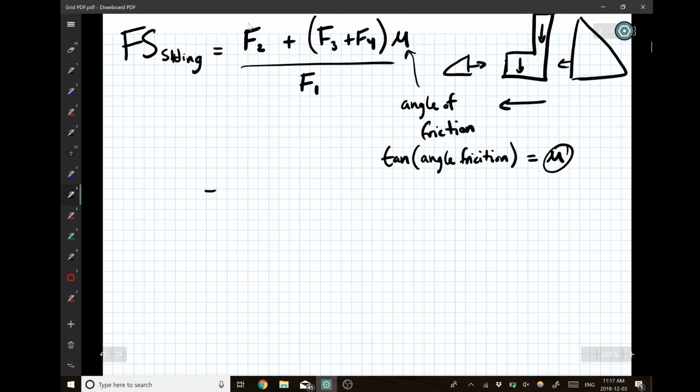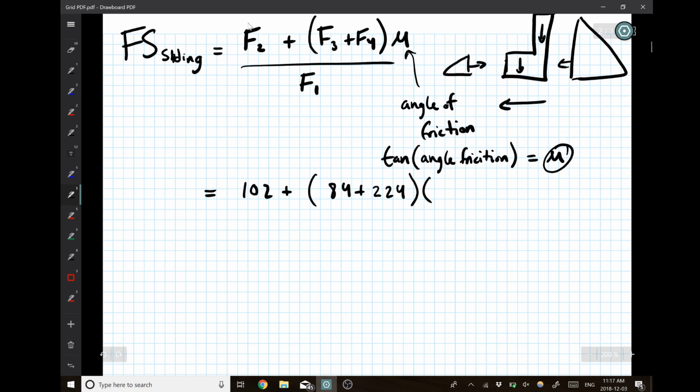So our F2 we solved as 102 kilonewtons. F3 is 84. F4 is 224.